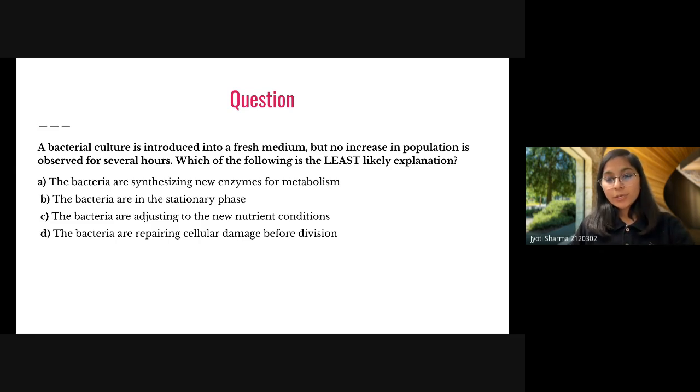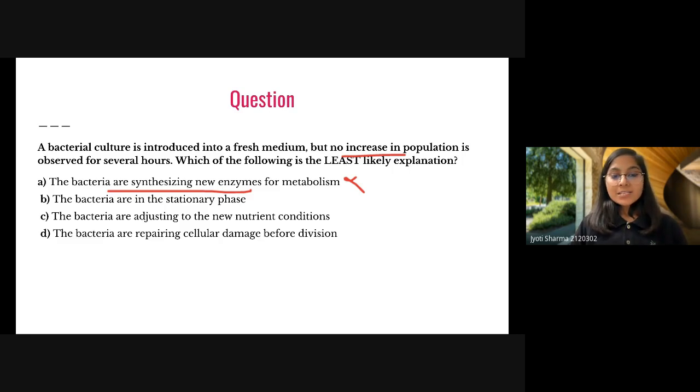So if there is no increment in the population for several hours, what is the least likely explanation? As I told you, they must be in the lag phase, and lag phase means they are synthesizing new enzymes. So this is not the least likely explanation, this is a likely explanation. Then bacteria are in the stationary phase, we will talk about it.